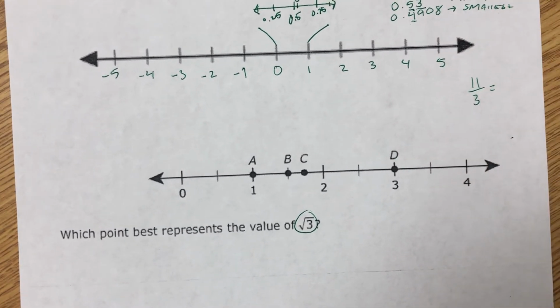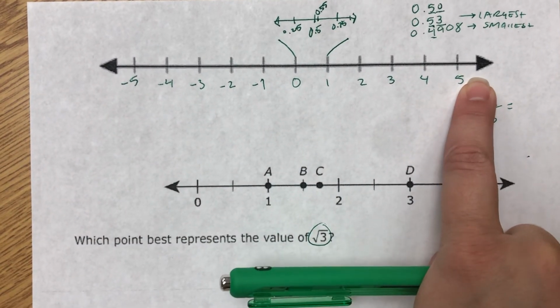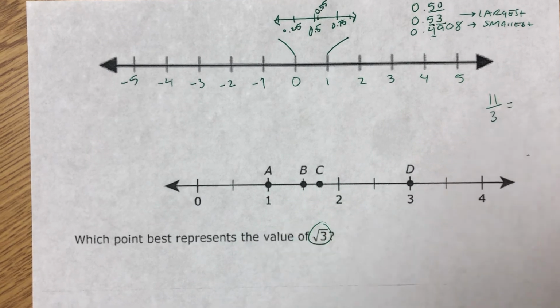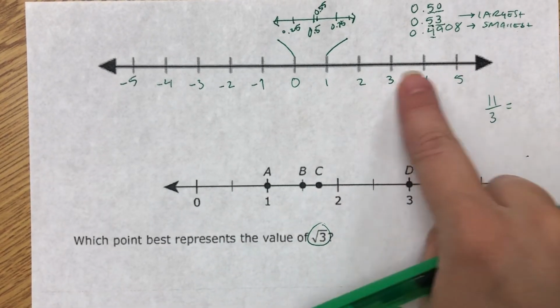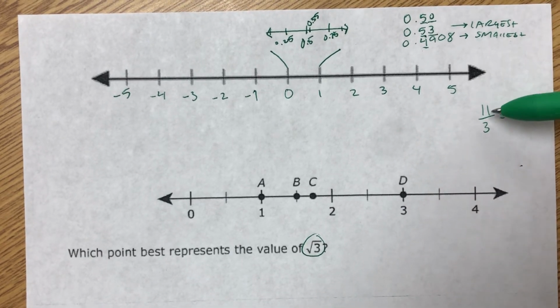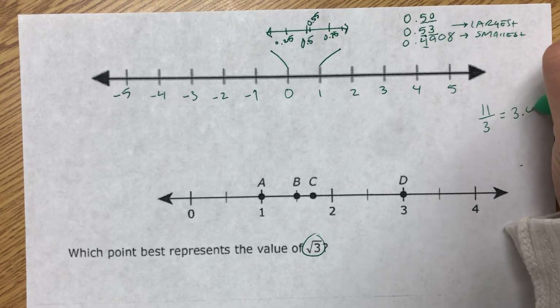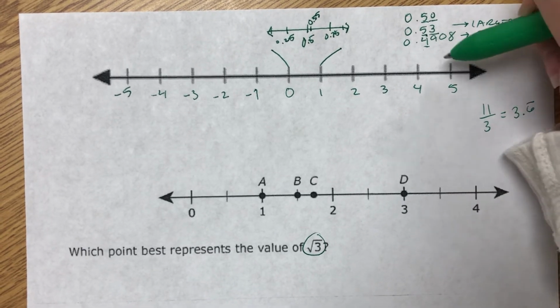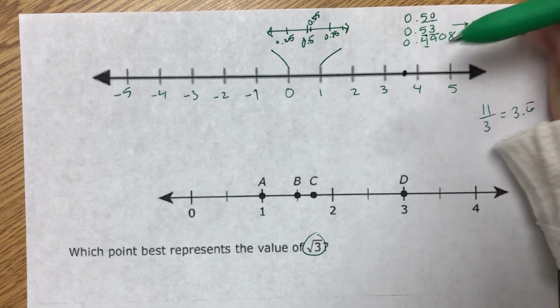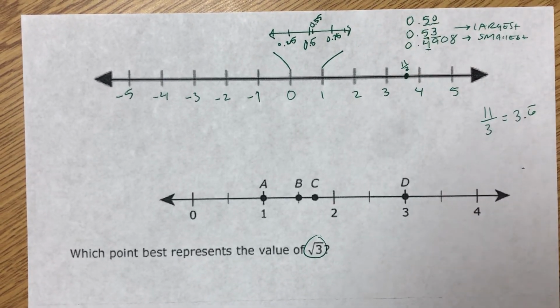If I had 11 over 3 and I was trying to place it on this number line up here, I do not know where that goes because I cannot see it nice and easy. What I need to do is start doing some calculations. I take 11 divided by 3 and it equals 3.6 repeating, which means that it would go right about here. That is where that little number, 11 over 3, would have gone.